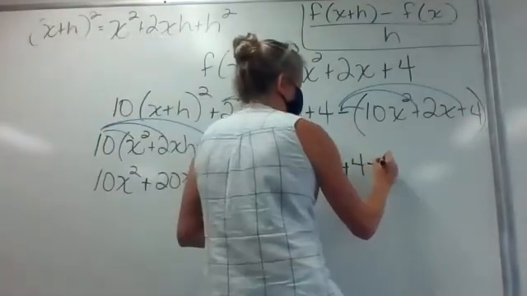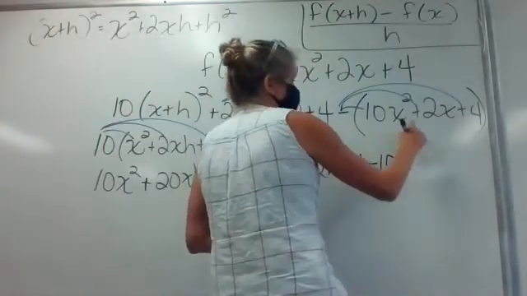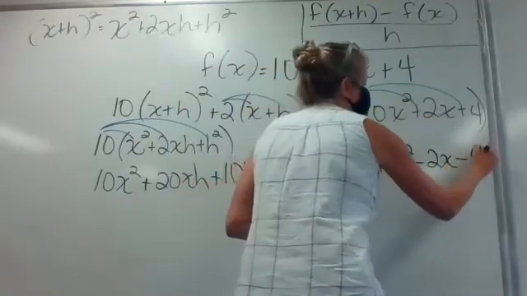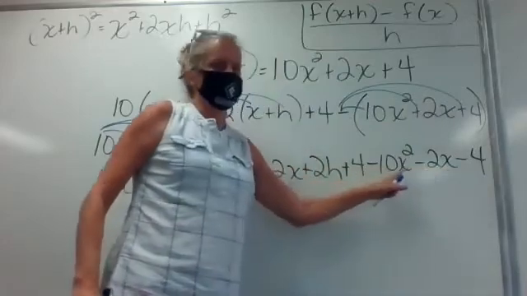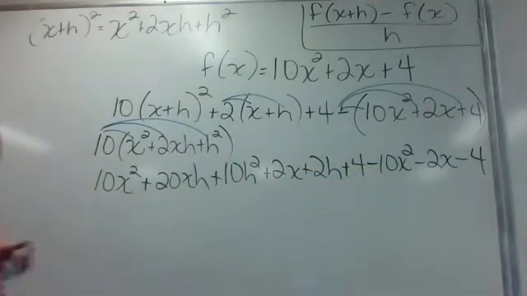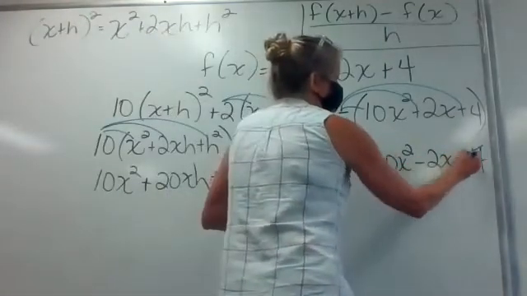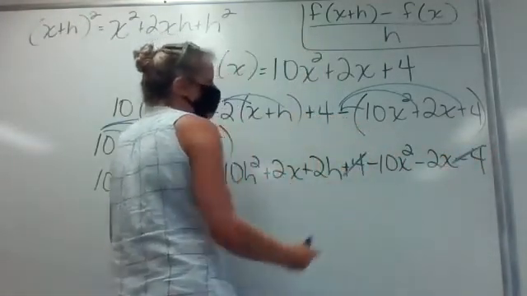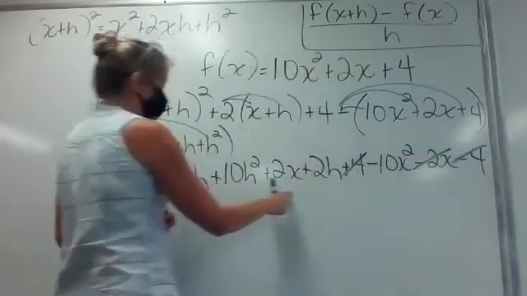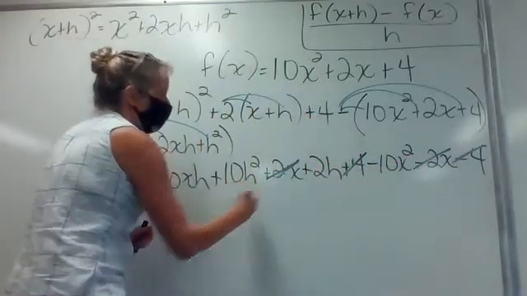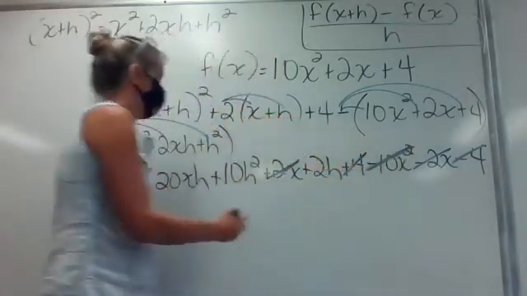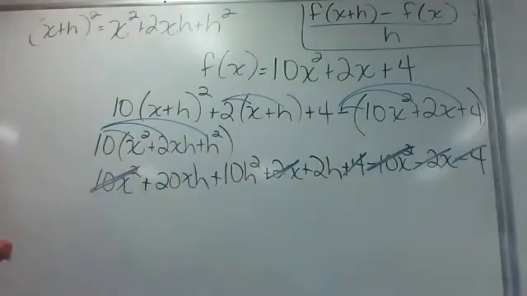That makes this a negative 10x squared. Turns that into minus 2x and this into minus 4. So again, everything I distributed the negative to should cancel something up front. So minus 4 knocks out the plus 4. Minus 2x, there's the plus 2x. Minus 10x squared, here's the plus 10x squared.